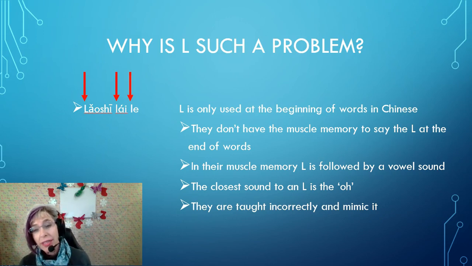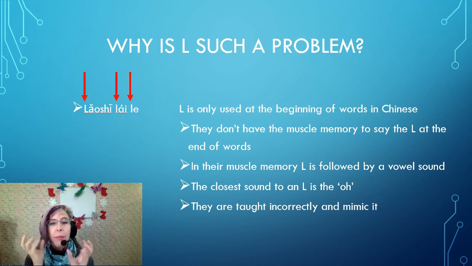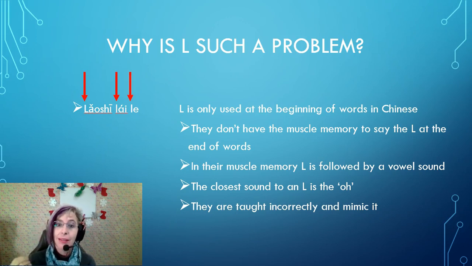And naturally, when you're learning a language and you don't have the muscle memory, you're going to make the closest movement to what you know. And the O is the closest to what they hear, what they see. And I guarantee that their Chinese teacher teaching them English is teaching them O as well. And they mimic it. And that's where it starts and that's where it goes.